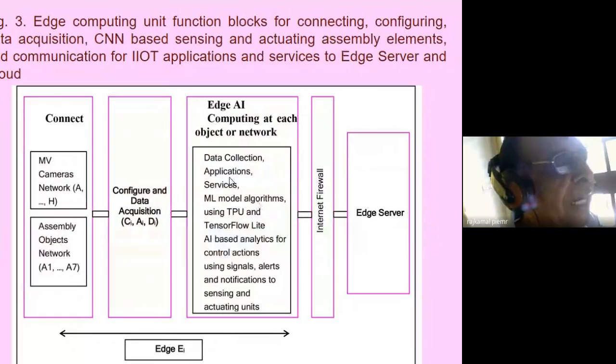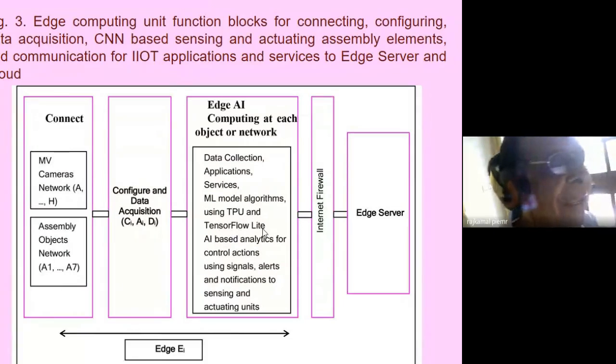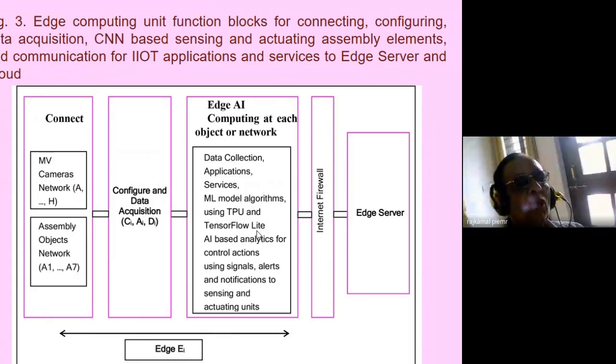It will use data collection, application services, machine learning model algorithms, and the TPU, meaning tensor processing unit, and TensorFlow Lite AI. There is a TensorFlow Lite algorithm for the tensor processing. Why do you need to process tensors? I will tell you a little bit later on.